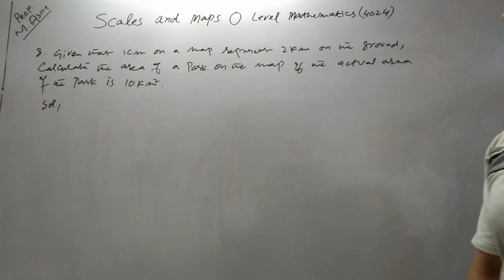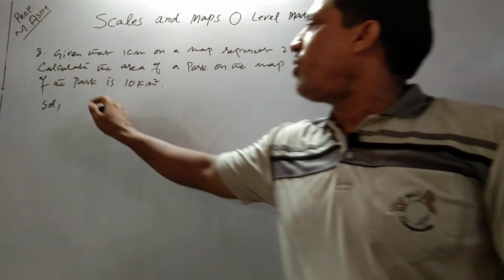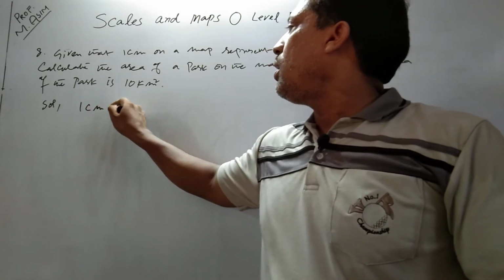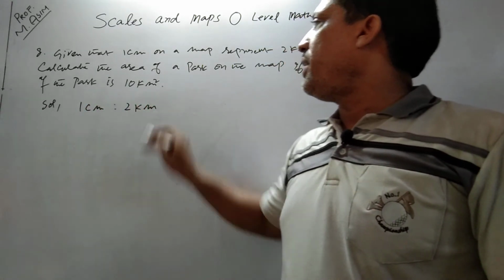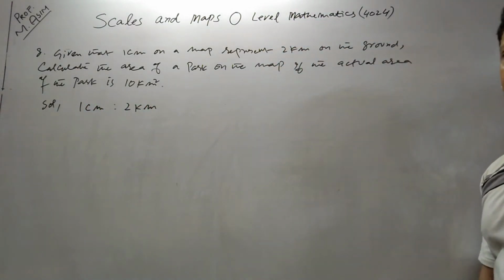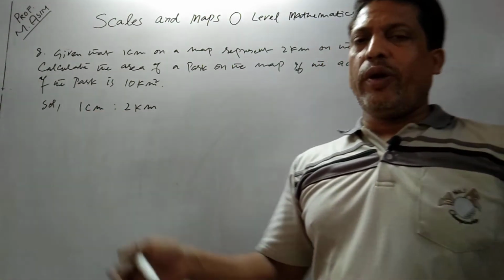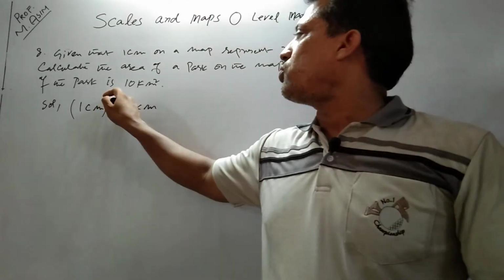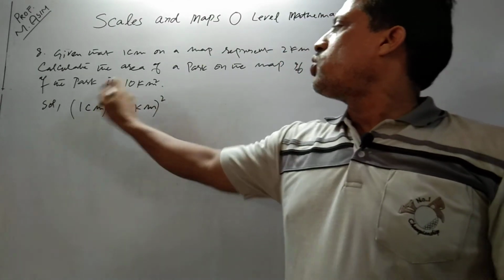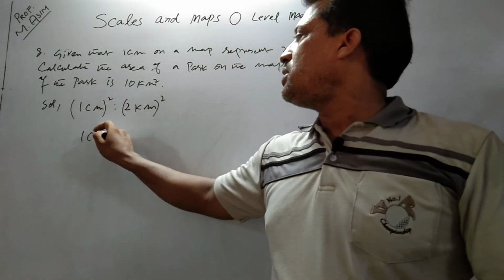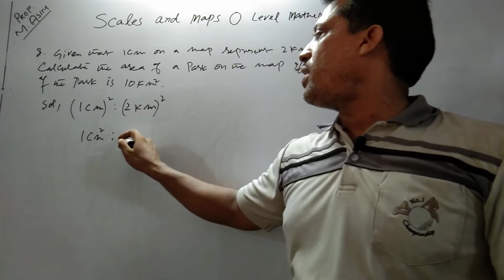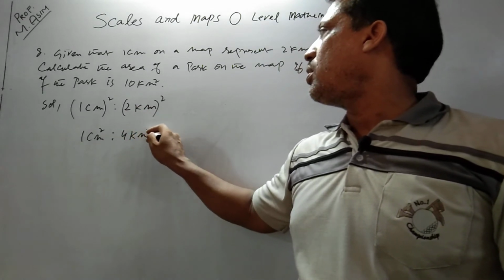Okay student, given that 1 centimeter on a map represents 2 kilometer. Calculate the area. First we convert this linear scale into area scale. How? Just take the square on both sides. So 1 centimeter square is 1 centimeter square, and 2 kilometer square is 4 kilometer square.